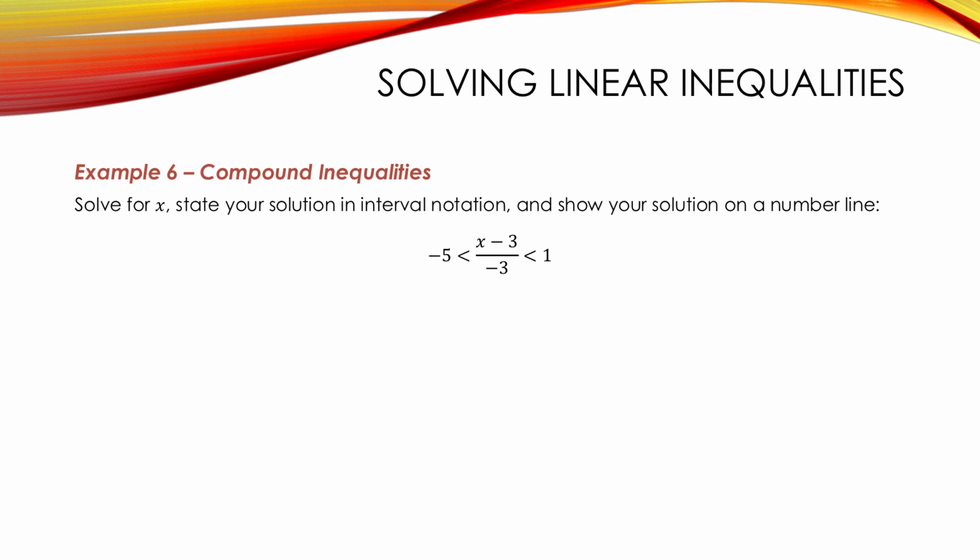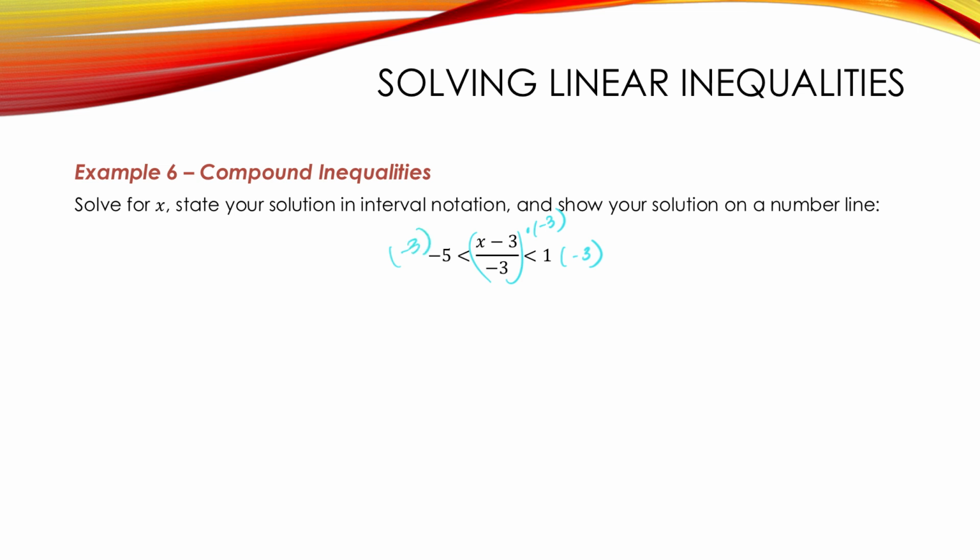Now this one has a fraction in the middle, which in and of itself looks a little scary, but we can change things around a little bit and make it easier on ourselves. Right now I have x minus 3 divided by negative 3, and I can undo division with multiplication. So I'm going to multiply this whole thing times negative 3, which means I have to multiply the right and the left.